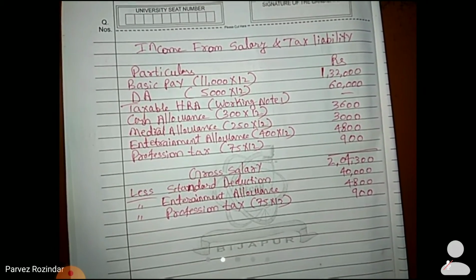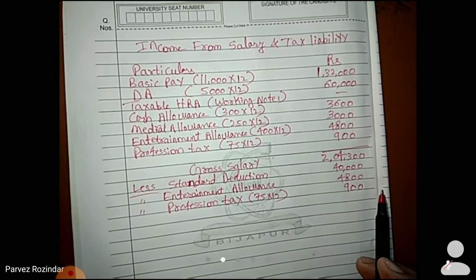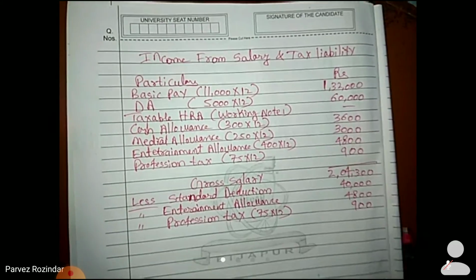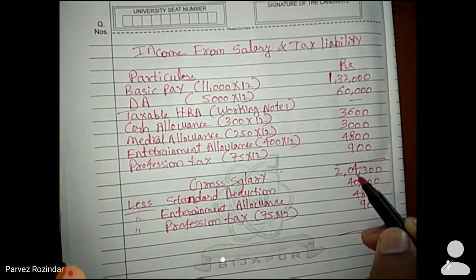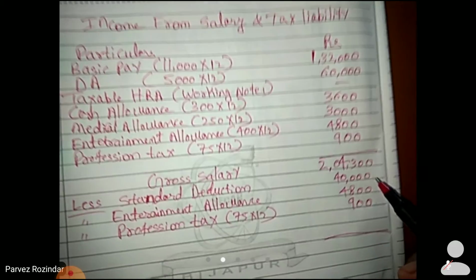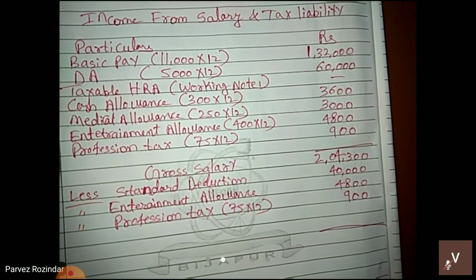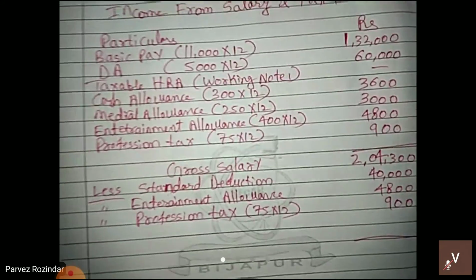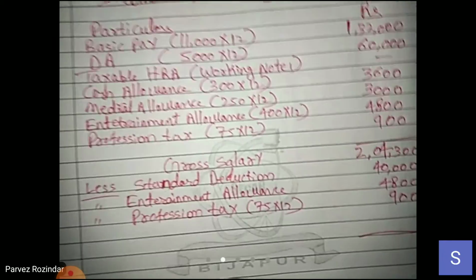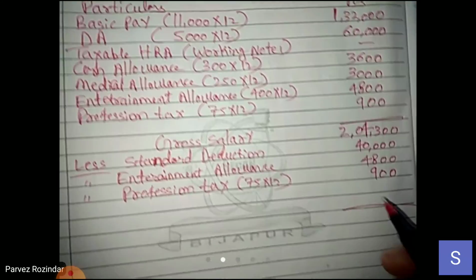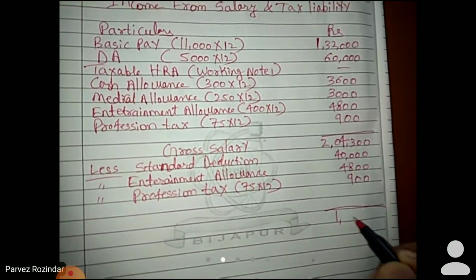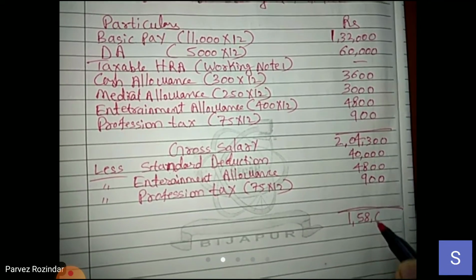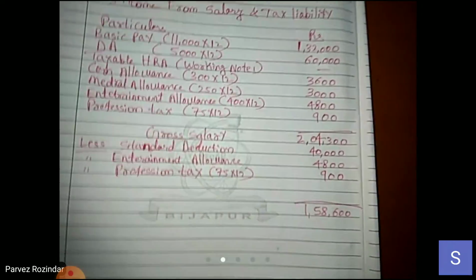So 2 lakh 4,300 minus 40,000 minus 4,800 minus 900 is 1 lakh 58,600.